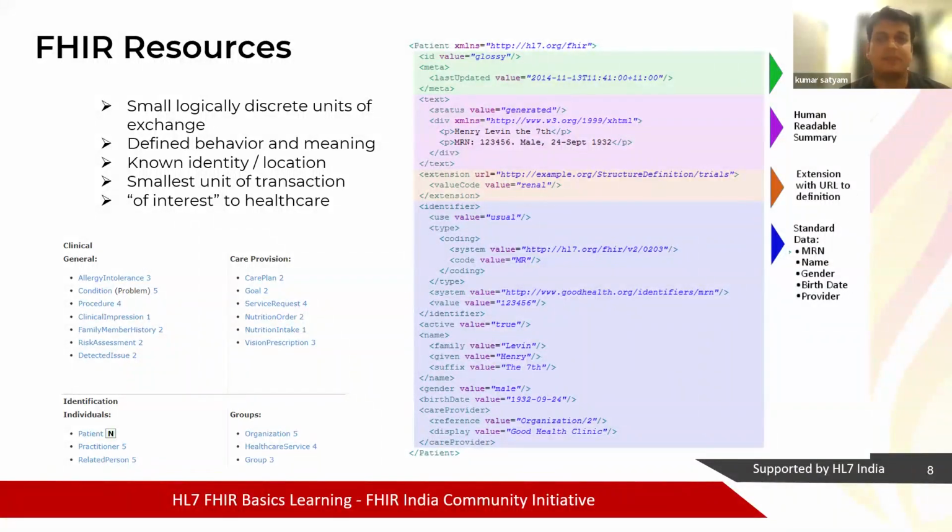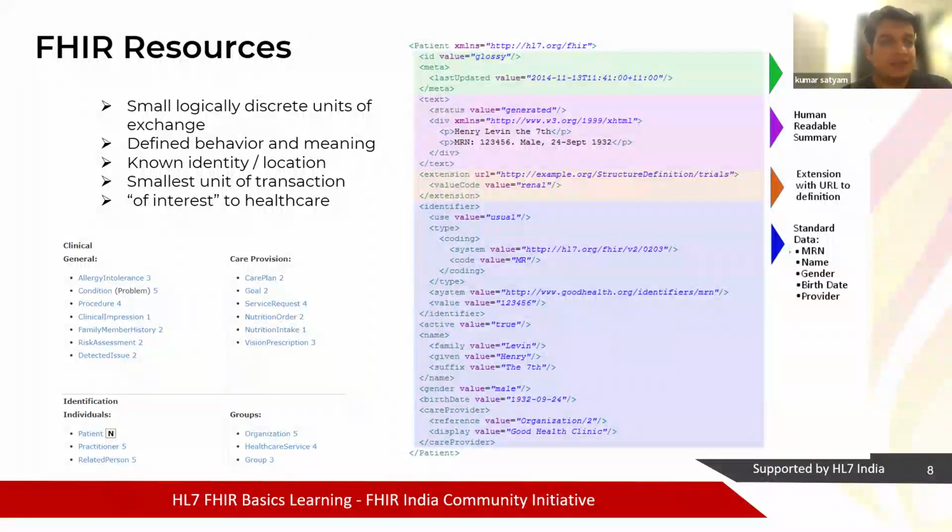The next section is human readability and base-level interoperability. Here, you will find narrative sections, in XHTML, intended to be an important summary of the content of the resource that you are referring to.